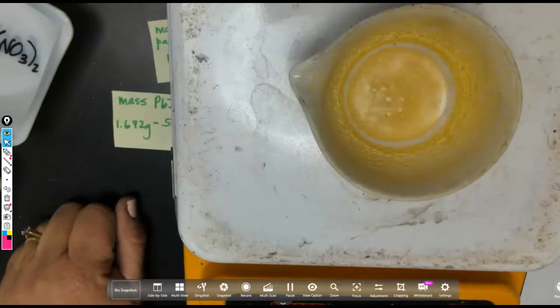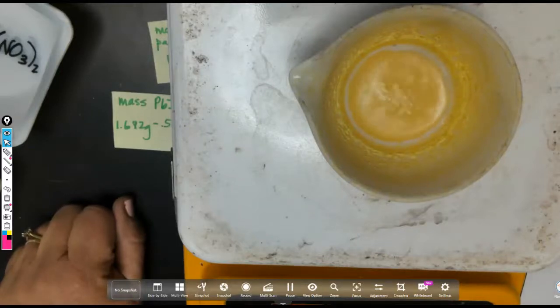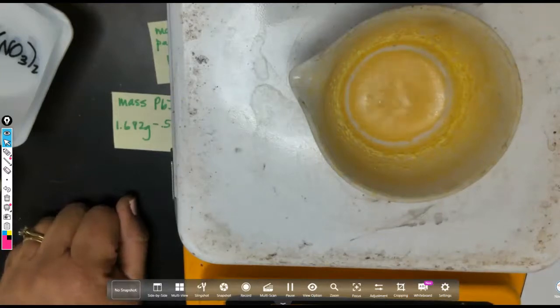So what we are getting here then is actually going to be a mixture of all kinds of things, including what we expected to get, which was KNO3, which should have been a white powder. And you can see some lighter yellow, which might be intermingled with some KNO3. But you're also seeing some darker yellow, which is probably the lead nitrate. And we are probably also seeing some of the original KI mixed in here as well.